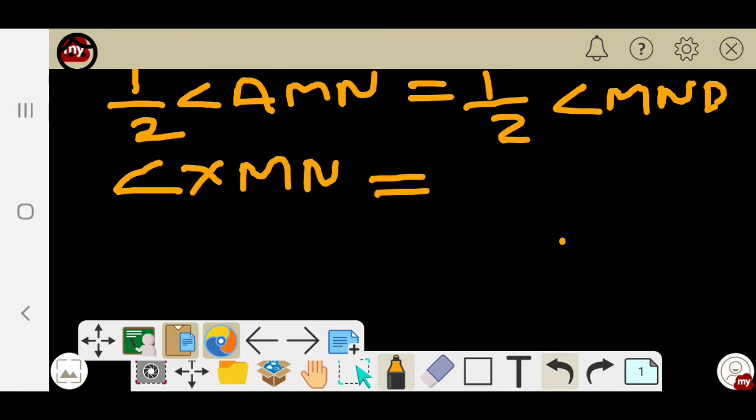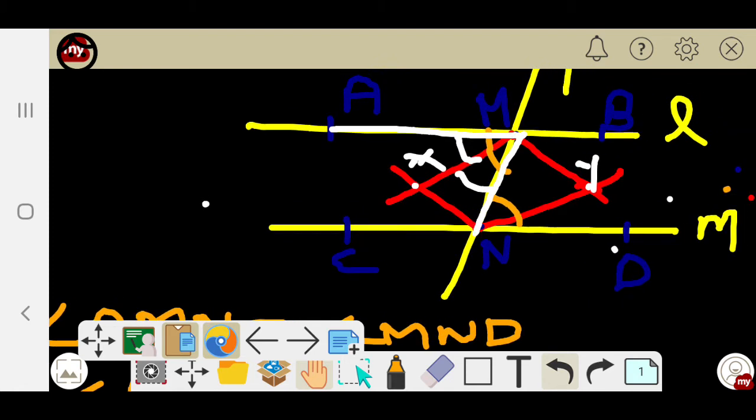Same way, what is half of MND? Which is the angle MND? Yes, this one. In this angle MND, NY is the bisector, so MNY and YND are equal.